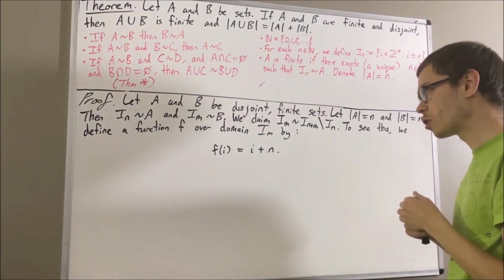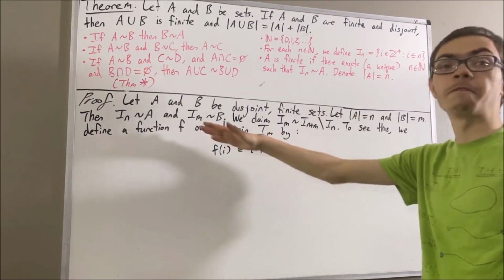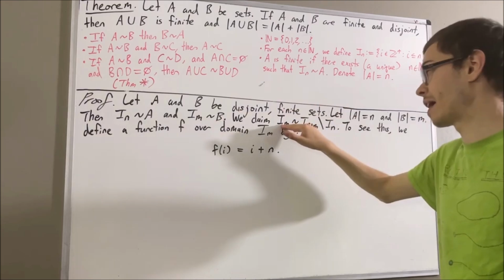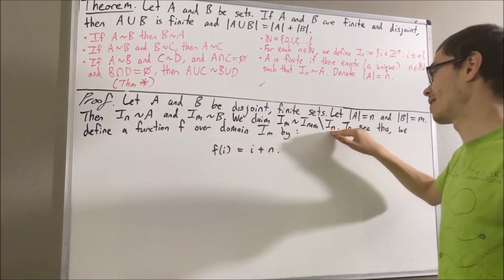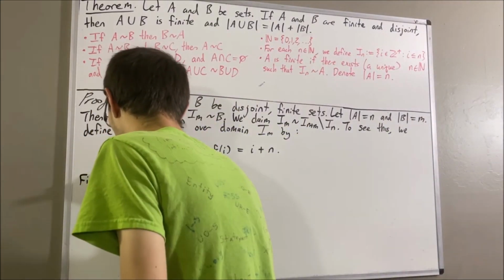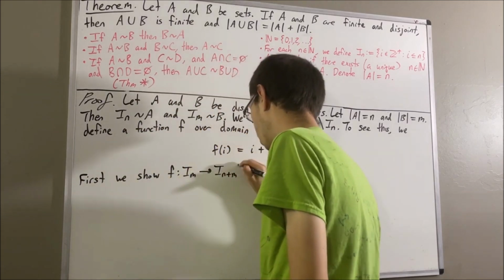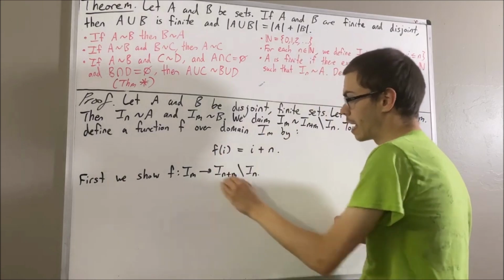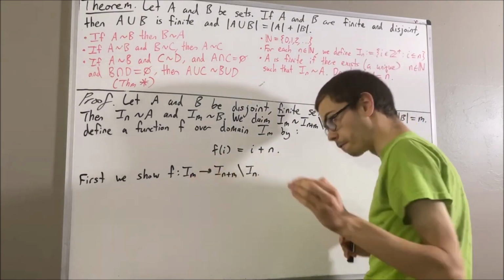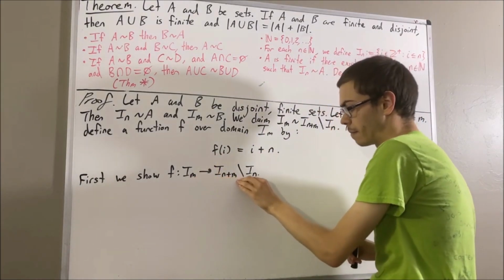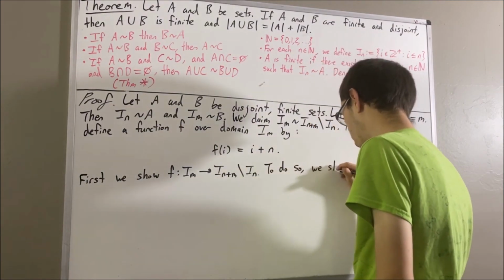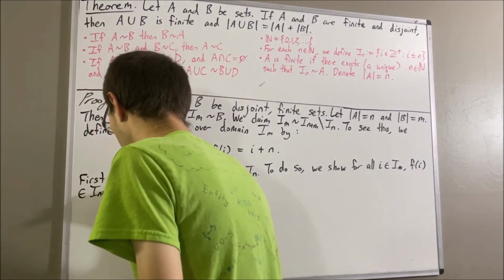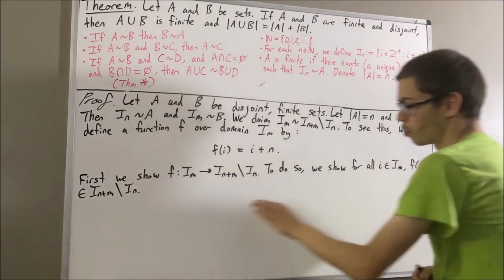First, we need to show that f is a function from Im to In plus m set minus In. And to do this, we're going to show that for all I in Im, f of I is an element of In plus m set minus In. So this is what we're trying to prove.